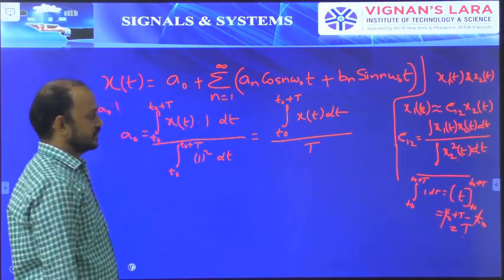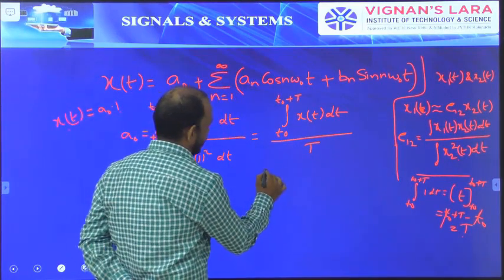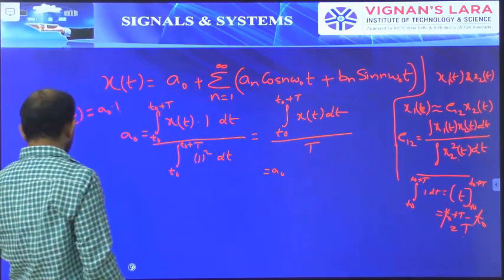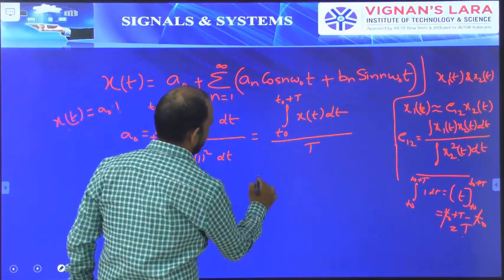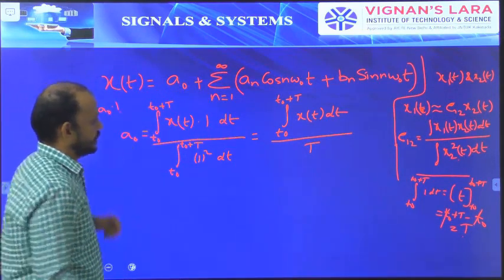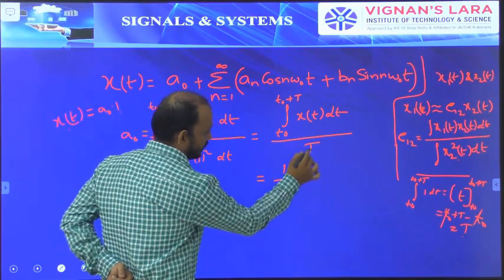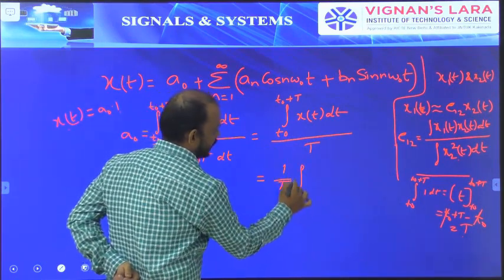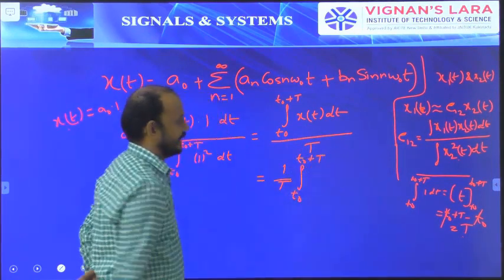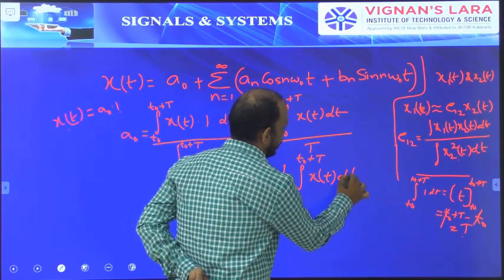Okay. So simply the equation for a0 will be equal to 1 by T, taking 1 by T integral t0 to t0 plus capital T into x of t dt.